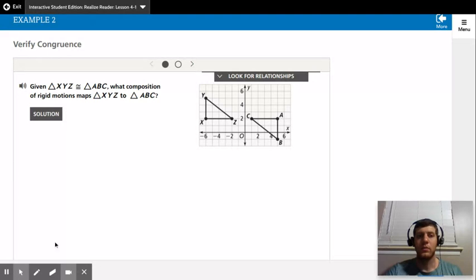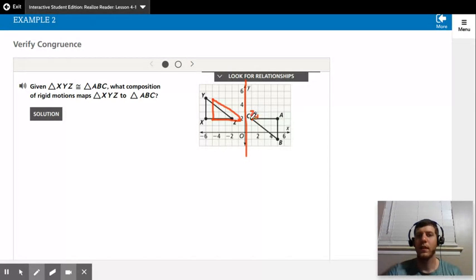Just to use one as an example here, if we were to translate triangle XYZ one to the right, and then if we reflected it over the y-axis, we would end up with Z prime here.